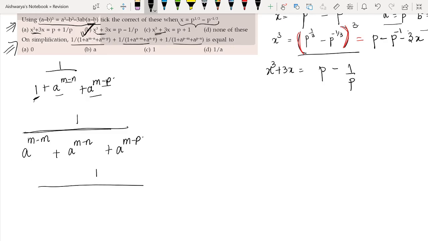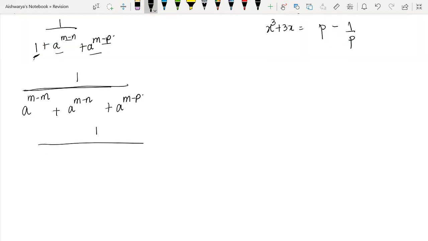So we can write this as, let me show you here and then I will write it. This a power m minus n, I can write it as a power m divided by a power n, or I can write it as a power minus n divided by a power minus m, the other way around with a negative. So I am going to use this particular format.